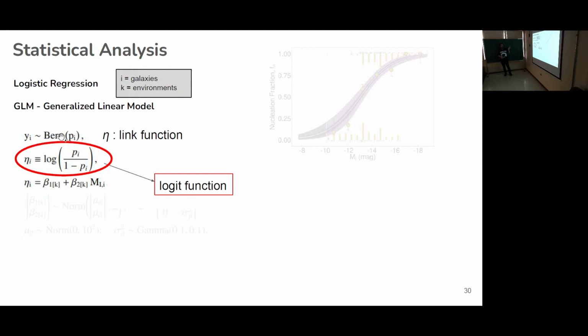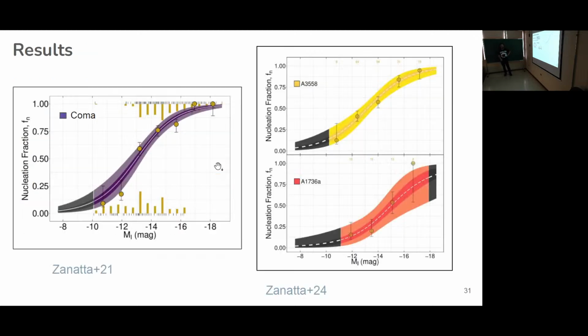In our case of the Bernoulli distribution, this is the logit function, which is just the log of the odds of the probabilities of the Bernoulli distribution. If you model like this, you can now fit the betas in this form right here, and then return to the probabilities here. So we find the probability of nucleation, which is what we want in the end.